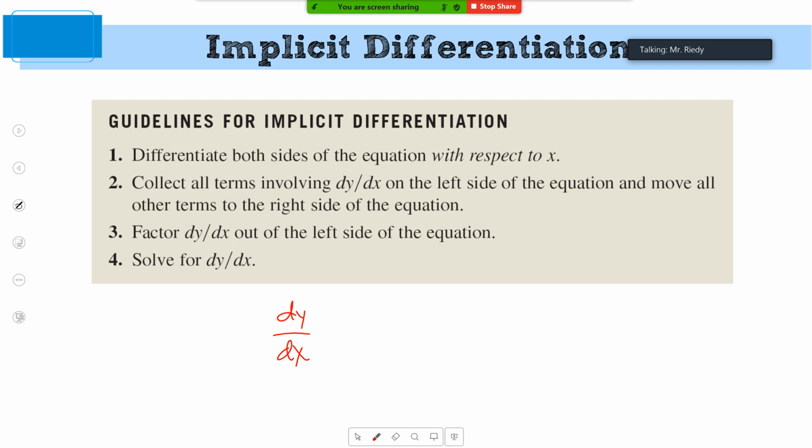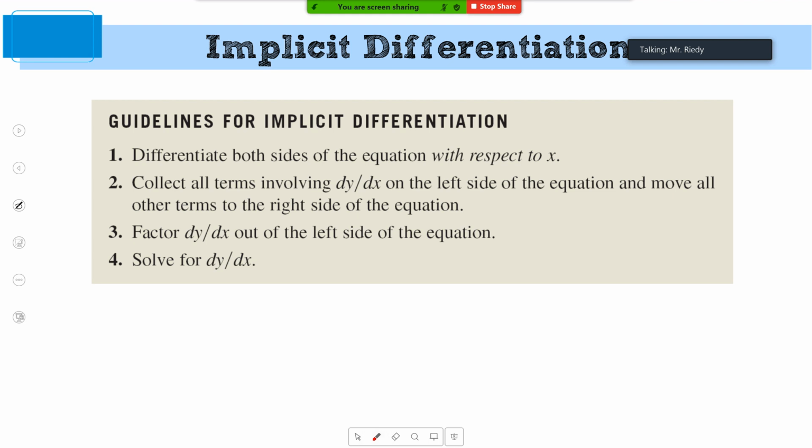So if we go back to the example that Bella had, once you solve for y, we would take the derivative of the function y with respect to x, which means that x is my variable. Okay. We're going to take the derivative of everything with respect to x. We're going to treat the y as a variable, and then when we're done, we're going to solve for dy/dx.